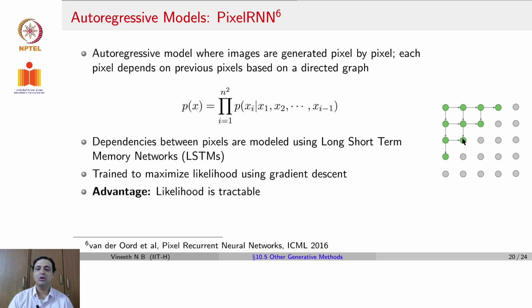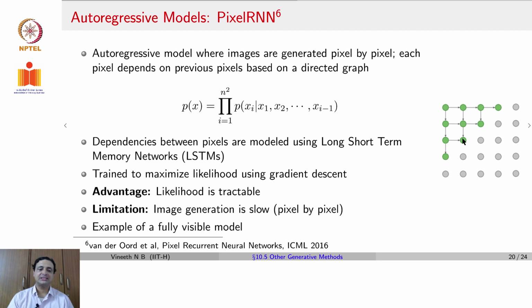We just have to structure it accordingly, but otherwise an LSTM is trained the same way that we saw LSTMs earlier. The image generation in pixel RNNs can be slow because you have to use an LSTM to generate each pixel's value rather than something like GANs where the entire image is generated at one shot.